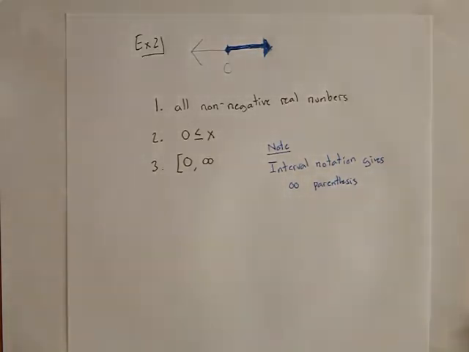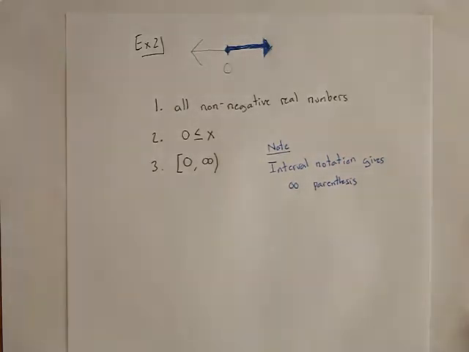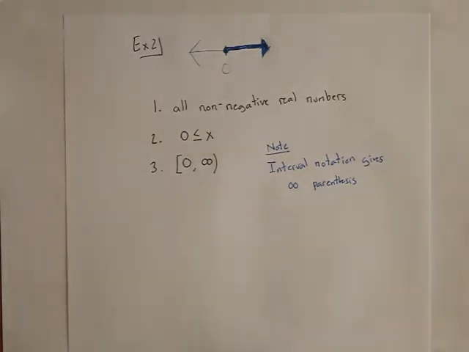Parentheses will never have a bracket, so automatically I can go straight to throw my parentheses in there, and that's what I'm looking for. Okay? So again, not too bad. We're just writing the same interval as before, except now we throw parentheses anytime we get infinity. Okay?